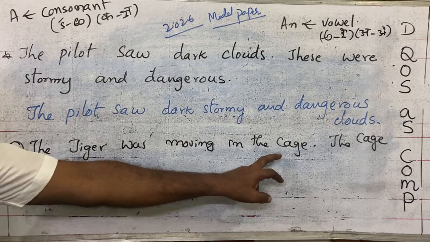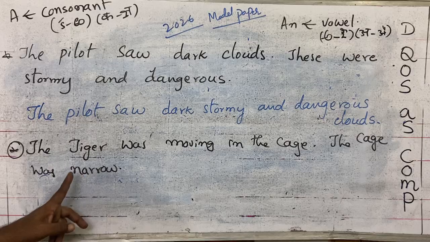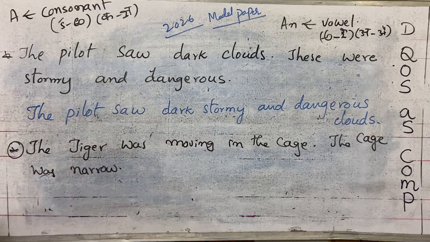Where is it? The cage. How is the cage? Narrow. So, a narrow cage. So that's why now you can take: The tiger was moving in the narrow cage.